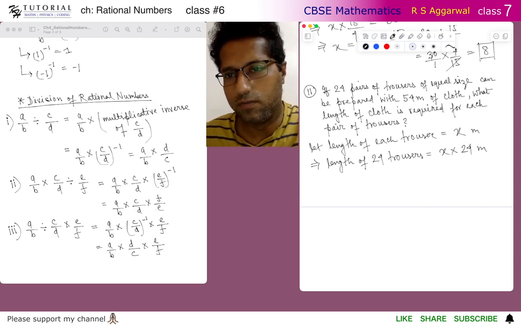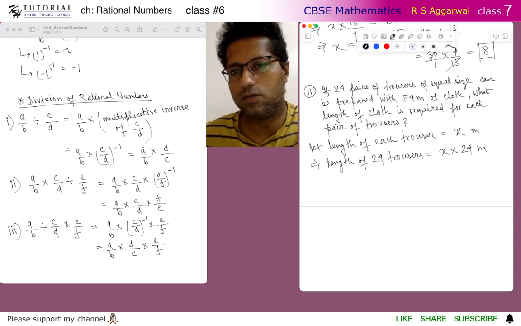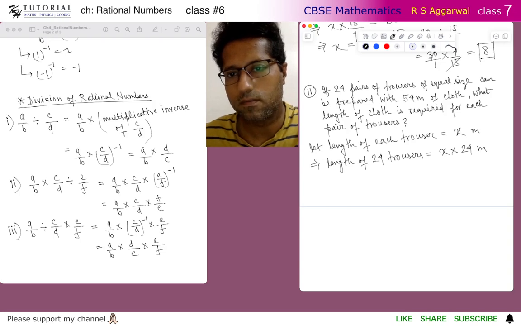So we have assumed that the length of each trouser is x meter. It says if 24 pairs of trousers of equal size can be prepared with 54 meter of cloth.